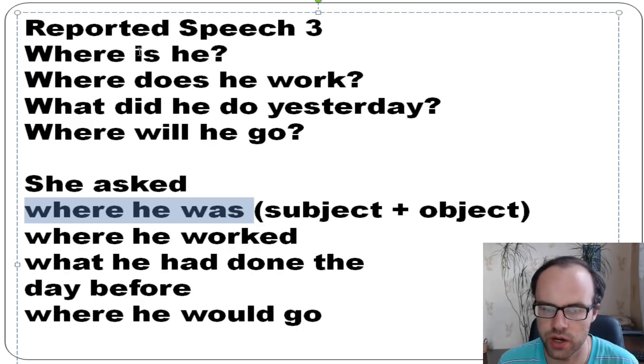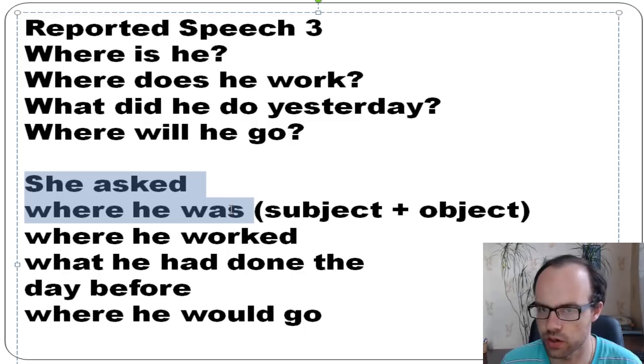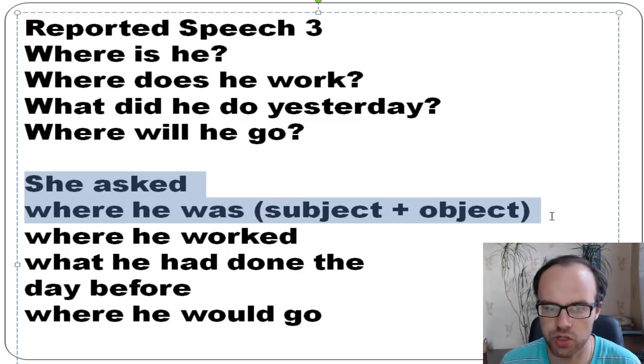We asked where is he, but if it's reported speech or an indirect question, we replace it. She asked where he was, subject plus verb.